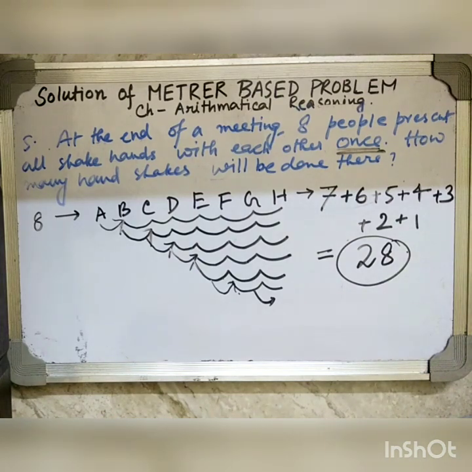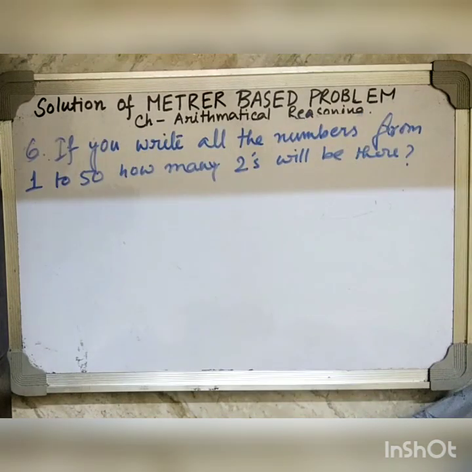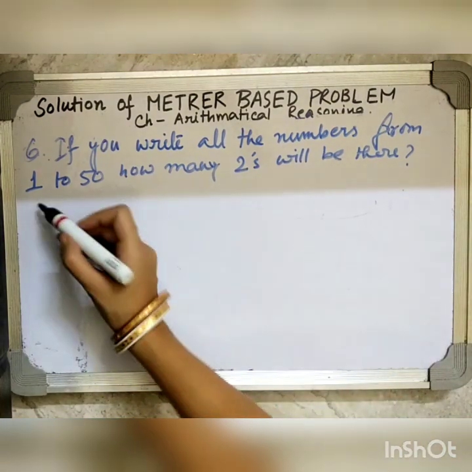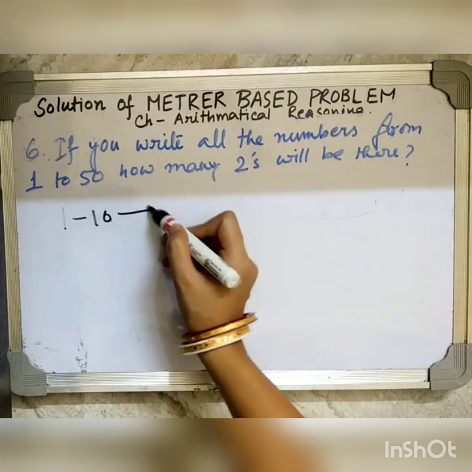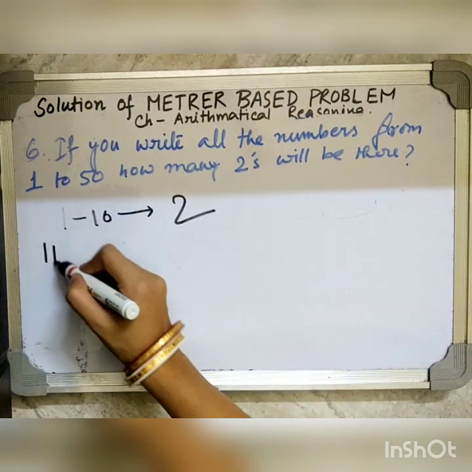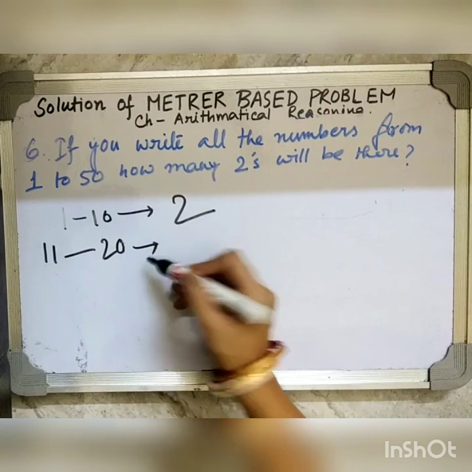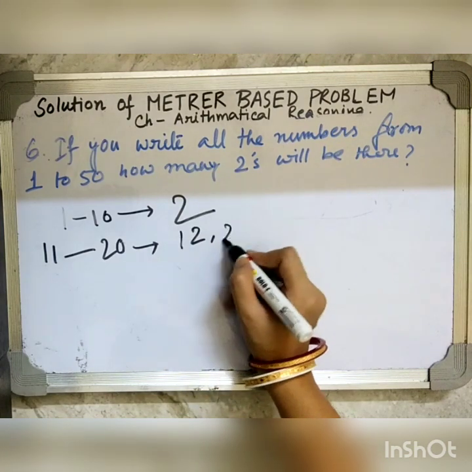Okay. Now let's come to the next question. Now in question number 6 it is written, if you write all the numbers from 1 to 50, how many 2's will be there? So from 1 to 10 we are getting 2 only. From 11 to 20 we are getting 12 and 20.